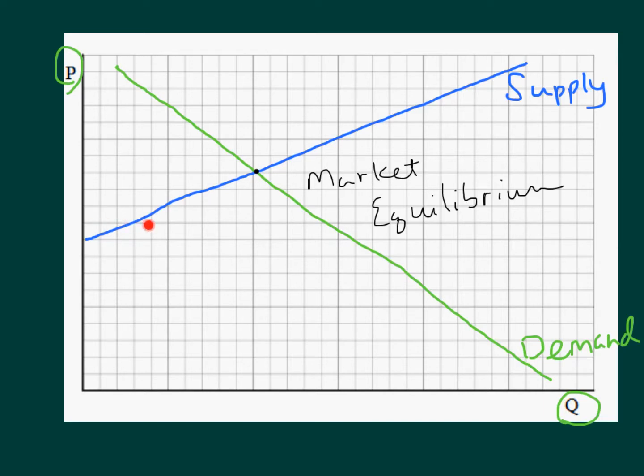Because at this lower price, this is the only amount of seats being made available, but here's how much people want at that price. Whereas if the price was raised, you wouldn't hear about a shortage because only that amount of people actually want to pay. And that's the significance of the market equilibrium.